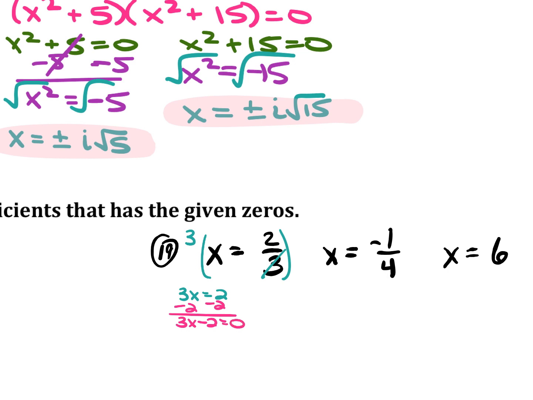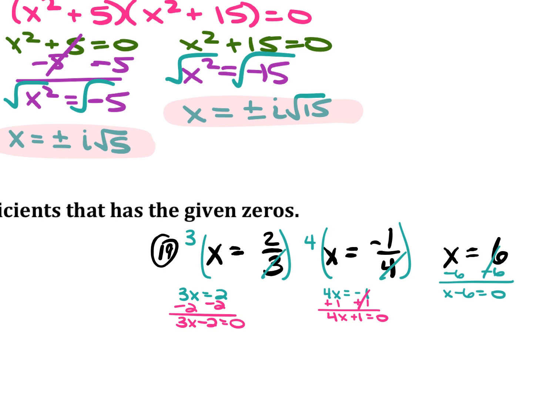For the x is equal to negative 1/4, I'm going to multiply each side by 4. That 4 in the denominator cancels out, so we have 4x is equal to negative 1. We add the 1 over, so 4x plus 1 is equal to 0. And then the x is equal to 6. Subtract your 6 from each side, so x minus 6 is equal to 0.